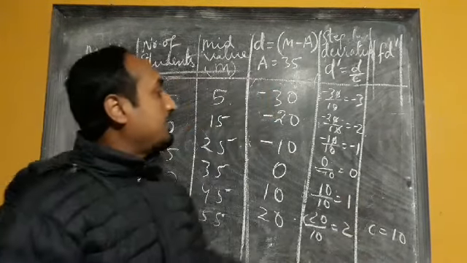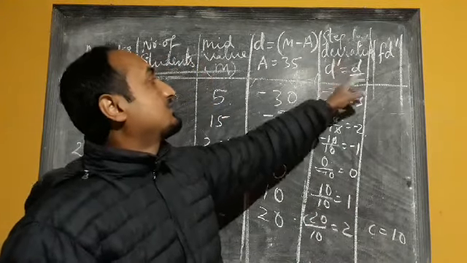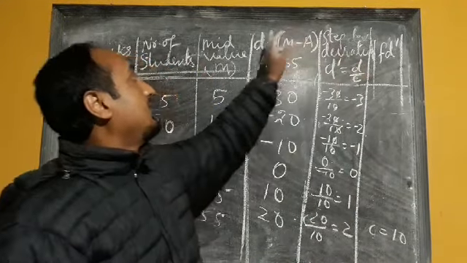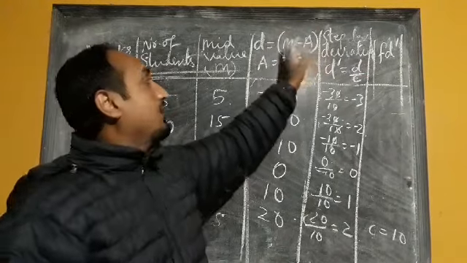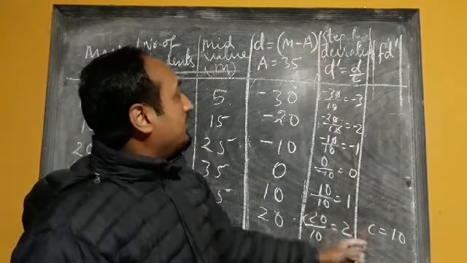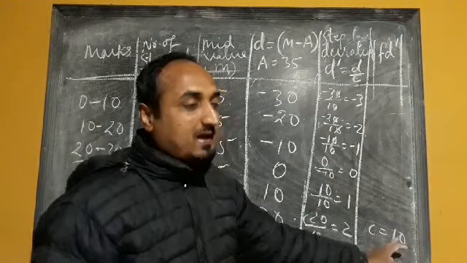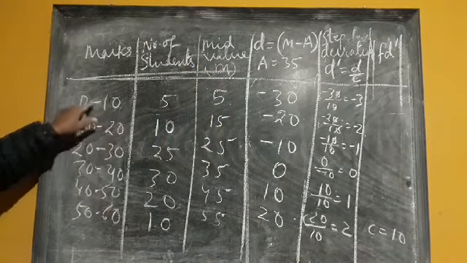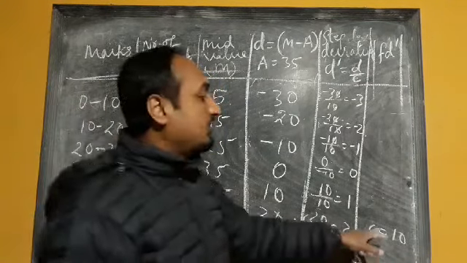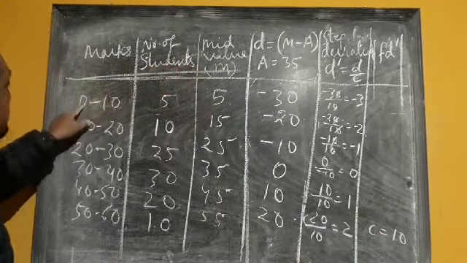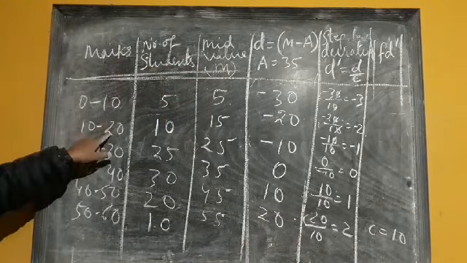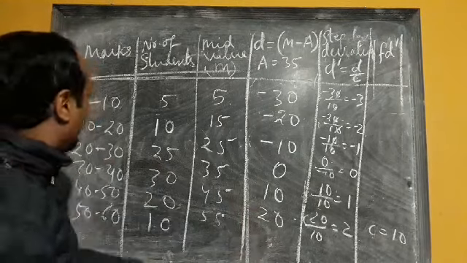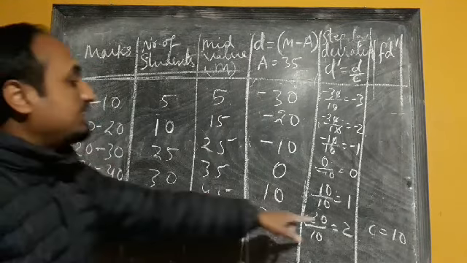Why am I doing this? Because d dash equals d by c. d is our deviation from the assumed mean, and c is our class width. The difference between the class limits gives the value of c: 10 minus 0 is 10, 20 minus 10 is 10, 30 minus 20 is 10.